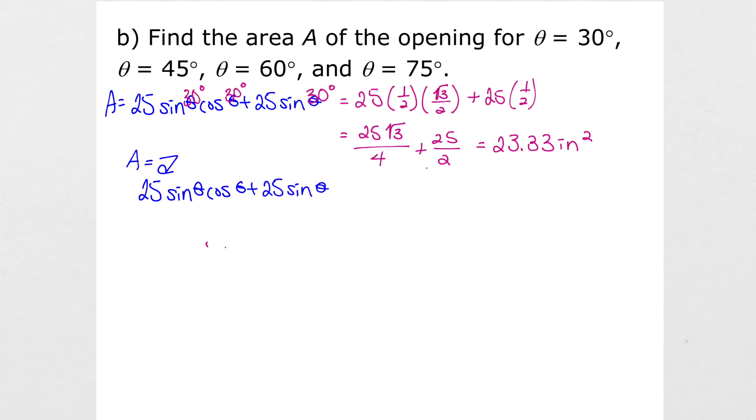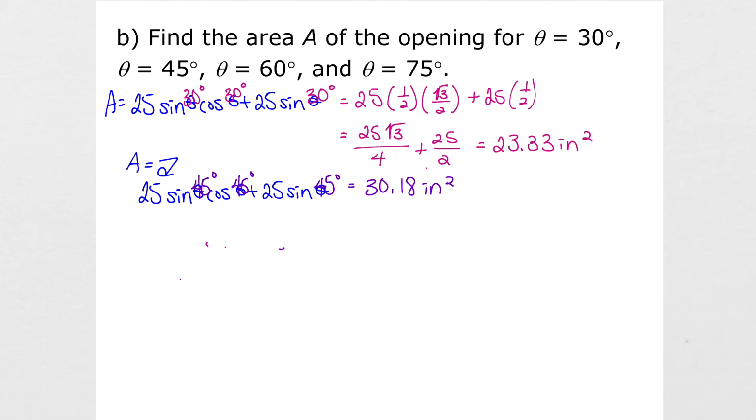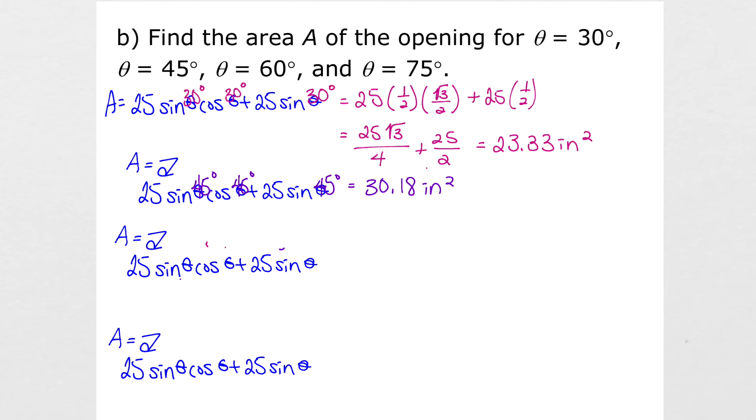So we'll do the same thing for angles of 45 degrees, where you'll plug in root 2 over 2, and we get 30.18 square inches. Go ahead and put this down.